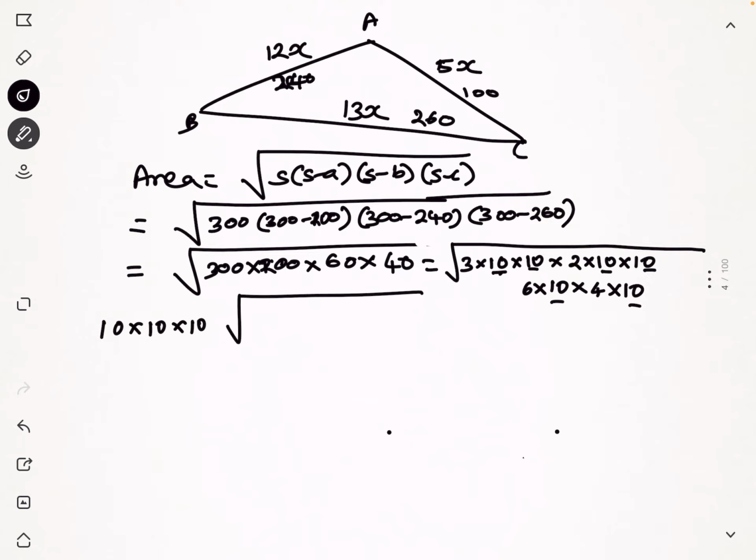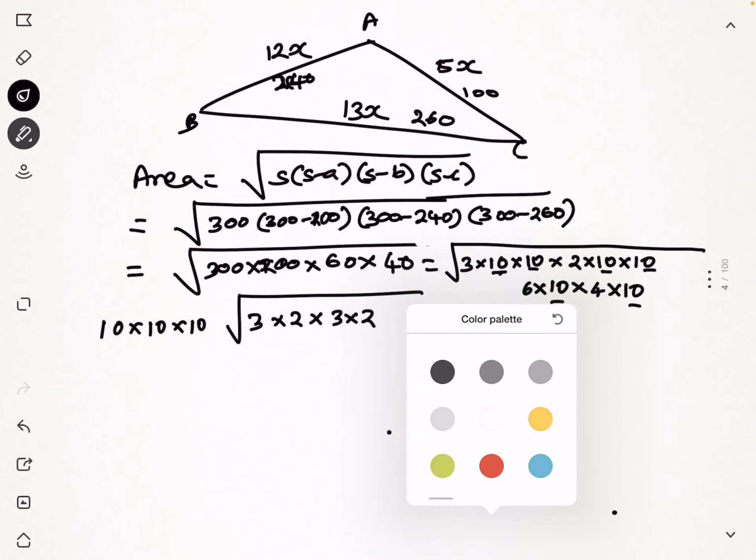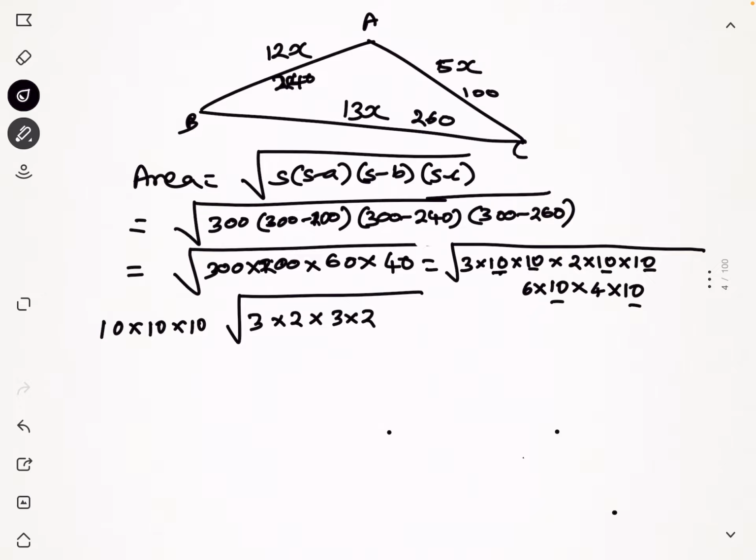The rest of it, let's put it here: 3 into 2 into 3 into 2. We can split this 6 as 3 into 2, and then the 4 you can split into 2 into 2.